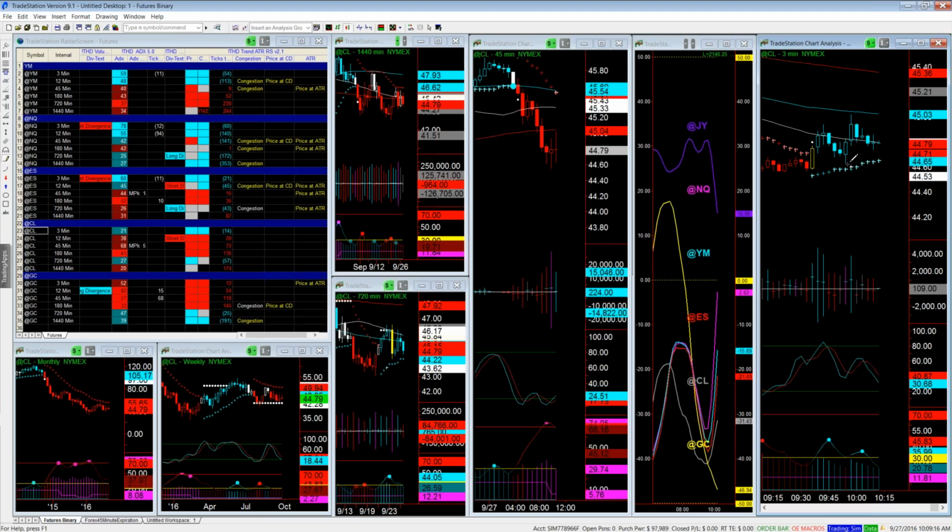If this pattern holds, we should get a move off of this. It depends on whether it holds or not, because you're going lower on the stochastics but higher in price. It's early to be reading that.